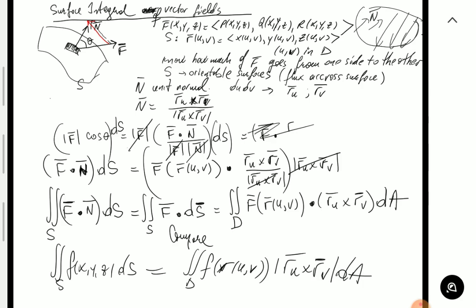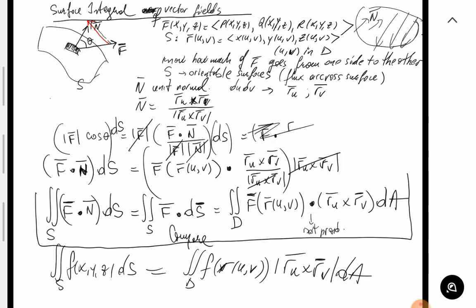Whereas in the case of vector fields, over here, we have the dot product between the vector field evaluated at R of uv, which is going to be a vector in itself, and then the cross product between Ru and Rv. So I hope that's clear how it's set up. Let's move on to go over a couple of examples on the next page.